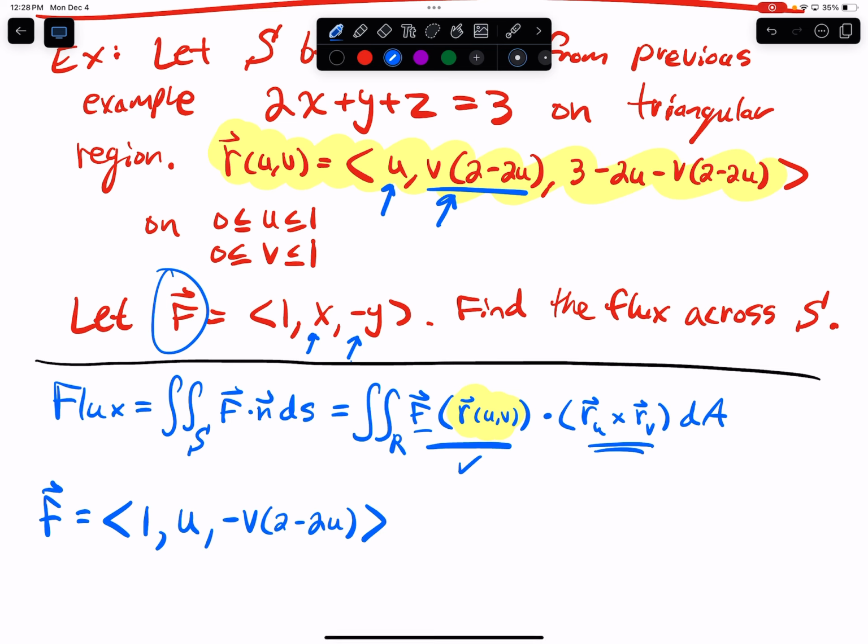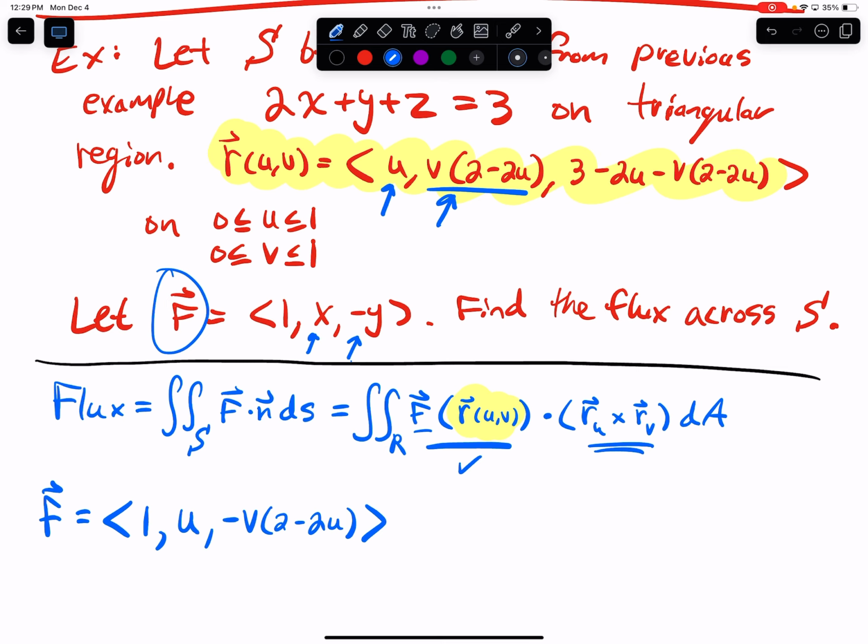What about this second part? How do we get R_u cross R_v? Y'all talk me through it. We have to take the partials of R and then cross them. So take the derivative with respect to u, and then the derivative with respect to v, and then do the cross product. Have we already done this? Yes.